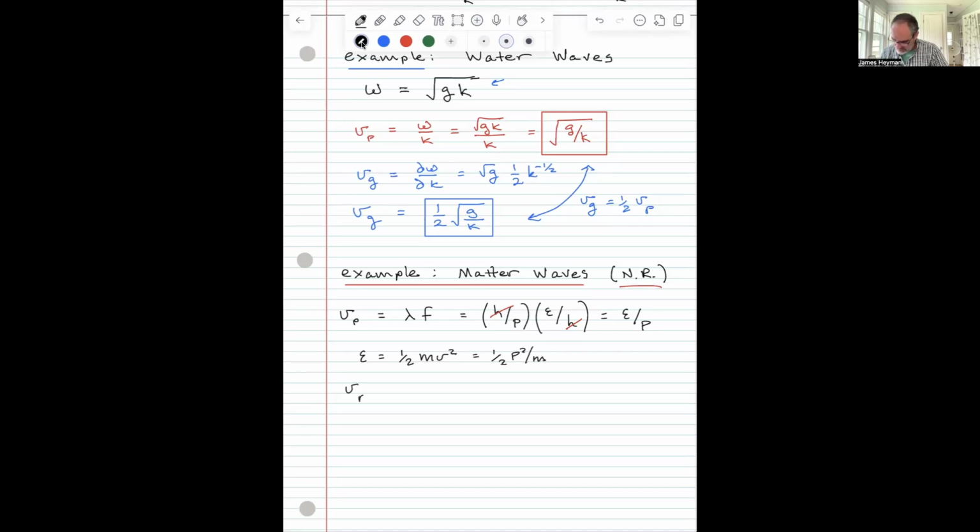So that means that the phase velocity is 1/2 p squared over m divided by p, or 1/2 p over m, or using the non-relativistic formula for momentum, we have 1/2 mv over m, or 1/2 of the classical velocity of the particle.